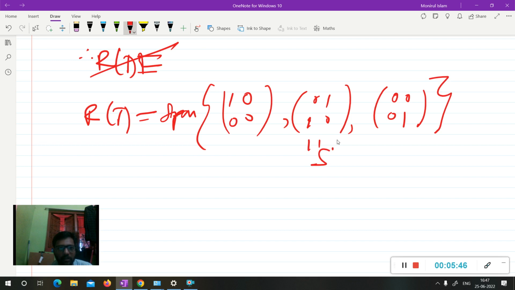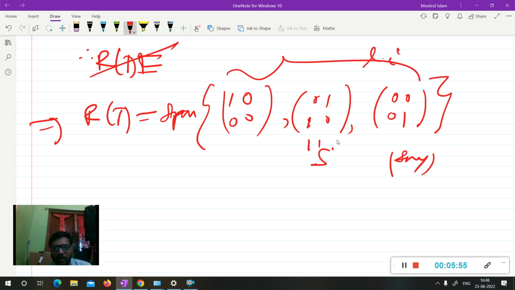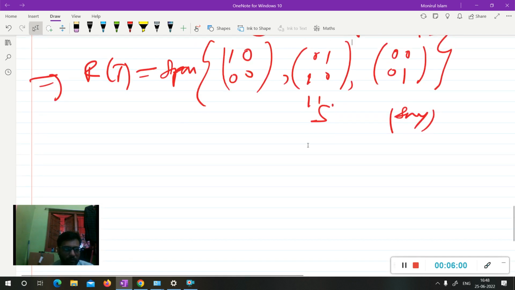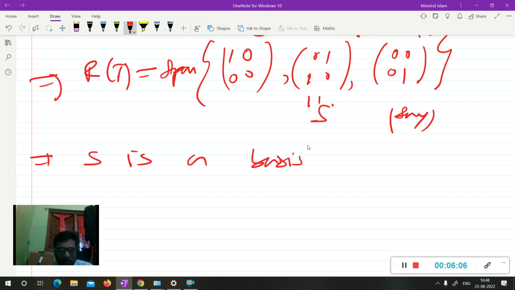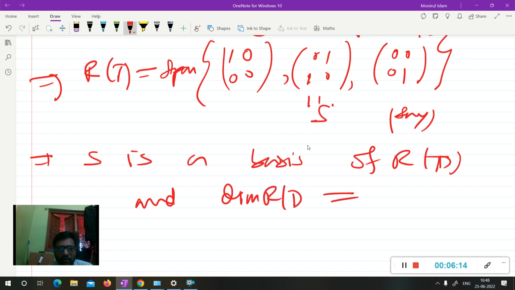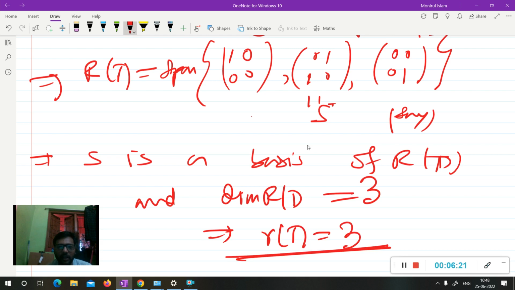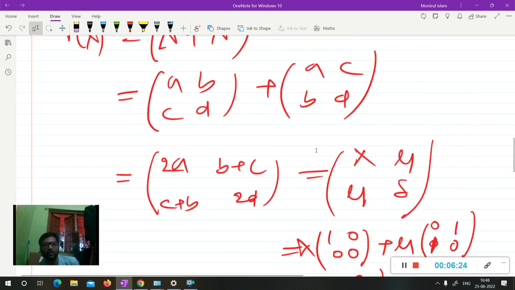If you name it S, then the range space of T will be span of S. Clearly these three matrices form a linearly independent set, so S is a basis of the range space of T. Then the dimension of the range space of T will be the number of vectors in S. How many vectors? Three. So the dimension of the range space, which is rank T, will be 3. So from here I proved that the rank of the transformation is 3.